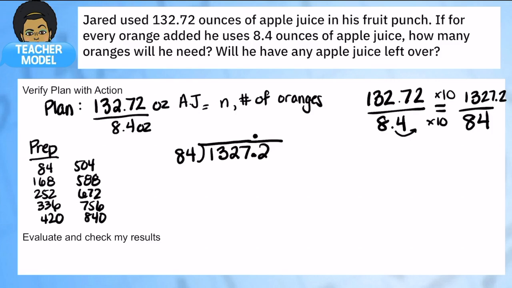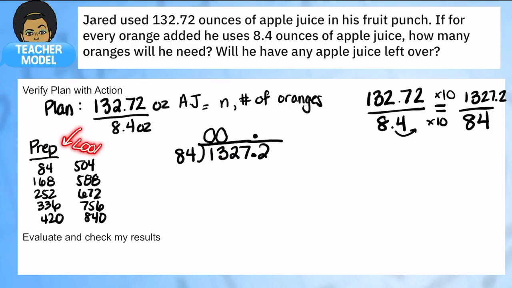So we're going to start with the first step. Divide. 1 divided by 84. 0. So I'm going to put that digit right there on top and go to the next one. Now we're thinking of 13 divided by 84. 0 again. Can't do that. I don't have enough, but I should be able to do it with this one. 132 divided by 84. And I can just look at my list right over here.